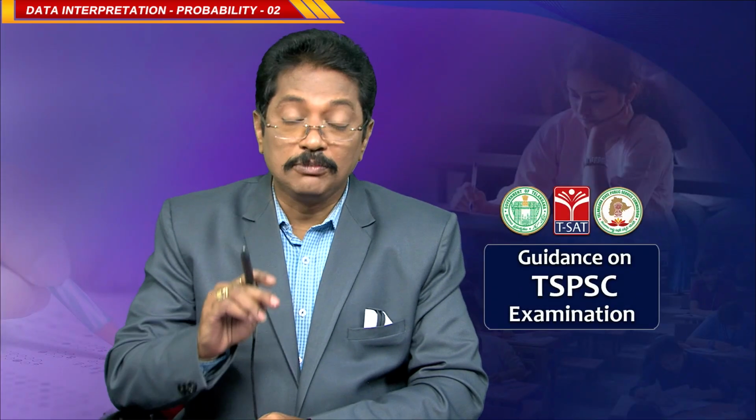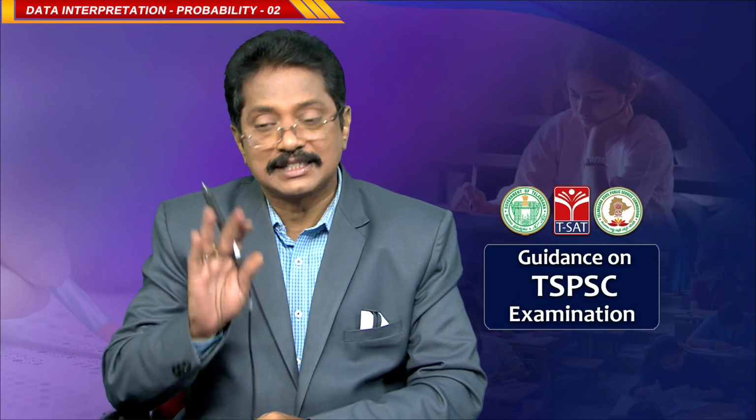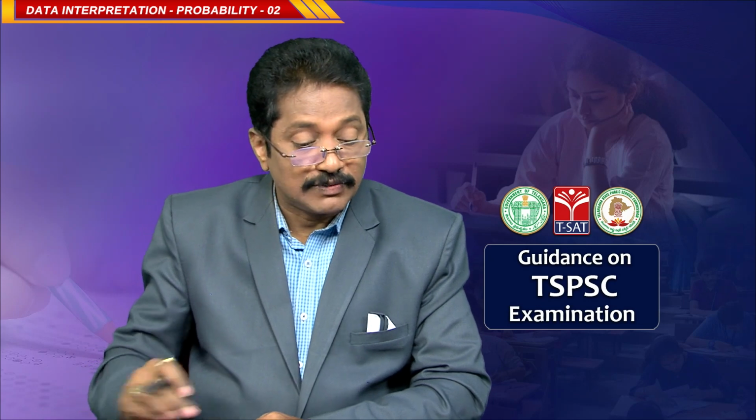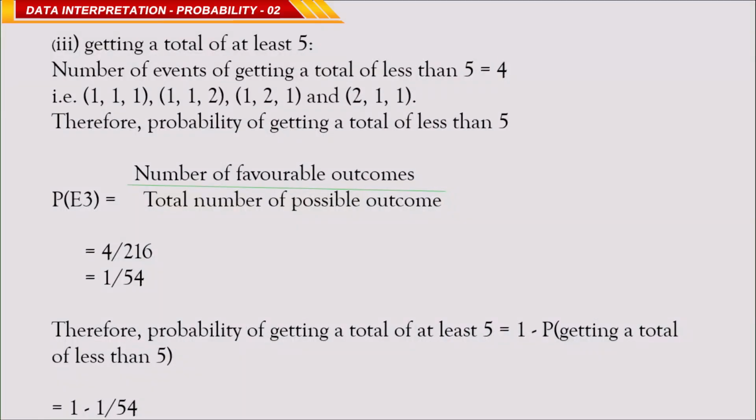Okay, so at most means you have to remember it is less than or equal to 5. What they have given next is at least. At least means greater than or equal to 5, so the possibilities are 5 and 6.